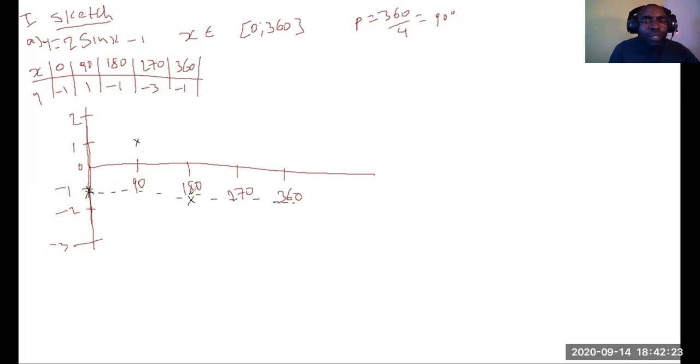At 270 negative 3. And at 360 negative 1. So now I will go up, come down, and then go up again. So this is y equals 2 sine x minus 1. That's how our graph will look.